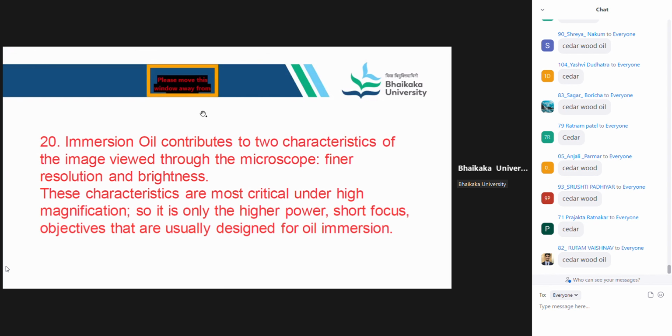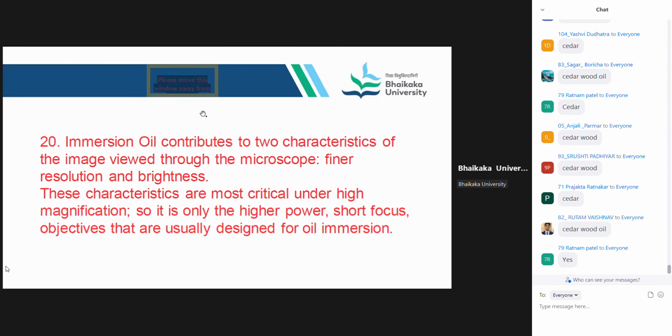Have you understood something on the microscope? That question would be easy to answer, okay? It is either yes or no. Very good, okay.